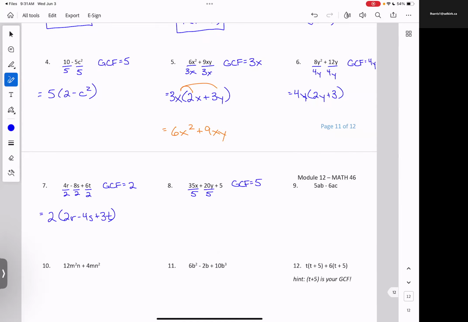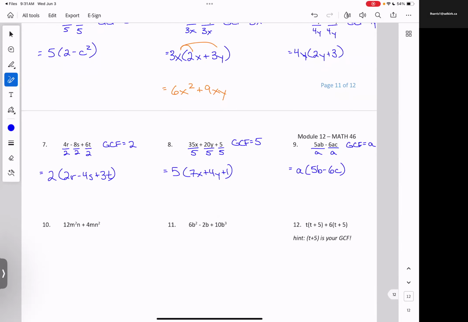So we divide each of those terms by 5, and that gives us 7x plus 4y plus 1, and stick that 5 out front. Next one, our GCF here is a. So we're going to divide each of these by an a, and then we get 5b minus 6c, and stick that a out front.